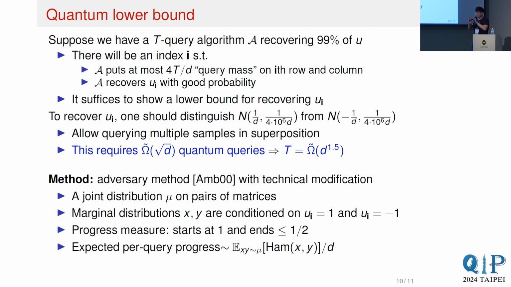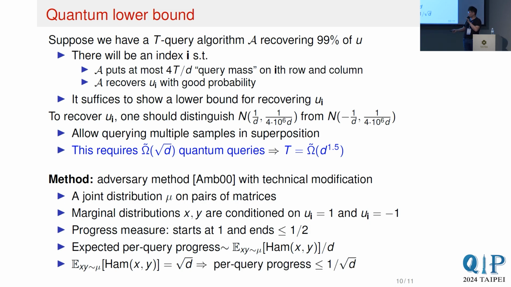Now, we calculate that the expected per query progress is roughly the expected Hamming weight over D. Knowing that the expected Hamming weight between x and y is roughly square root of D, we immediately know the per query progress is at most 1 over square root of D, which means we have a square root of D lower bound for this problem. By plugging this back, we immediately have a D to the 1.5 quantum query lower bound for learning the top eigenvector.